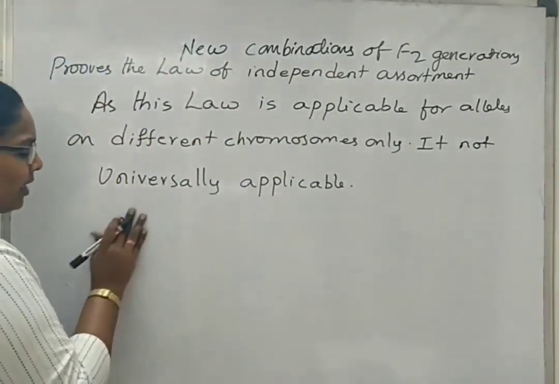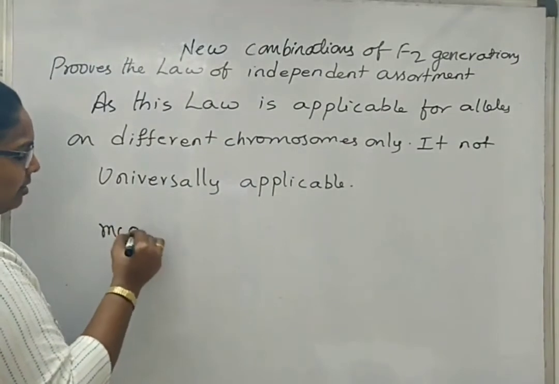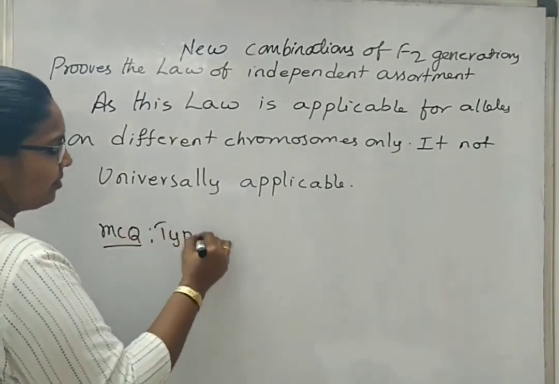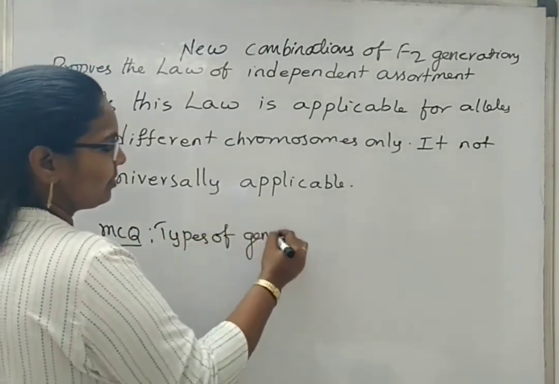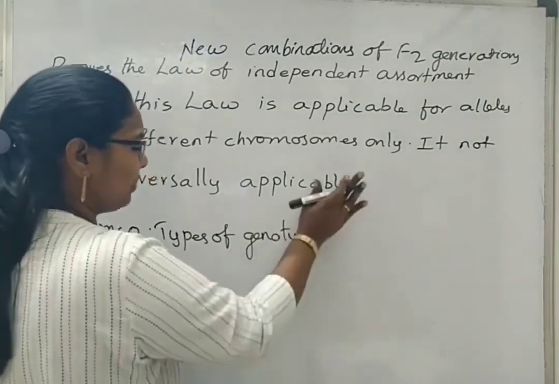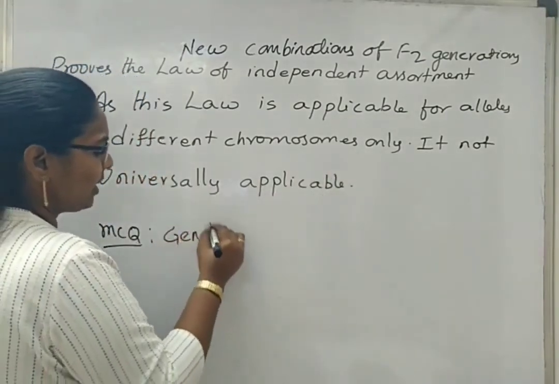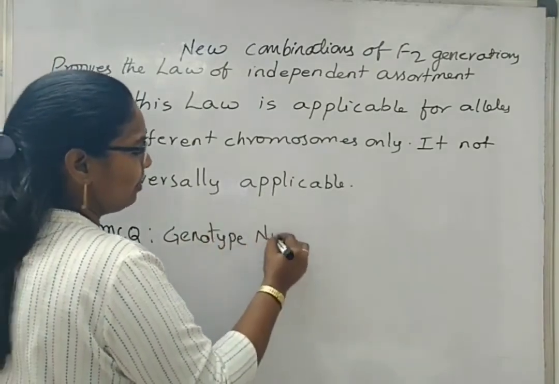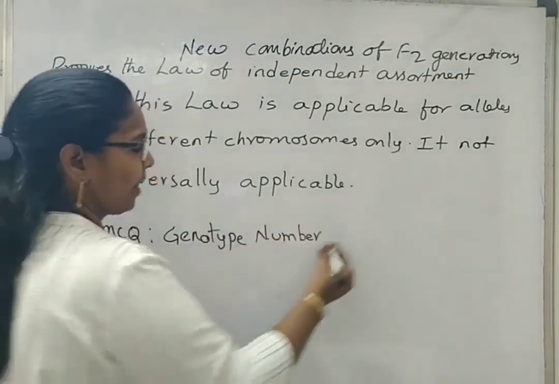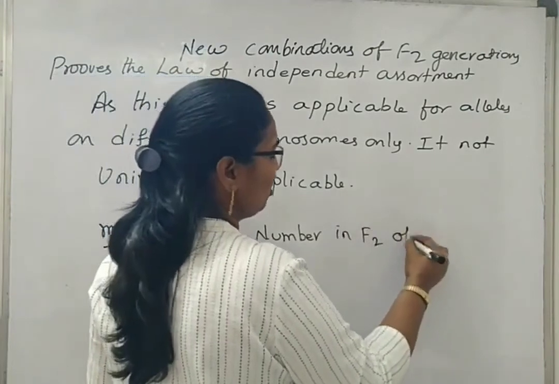Another MCQ we can learn: types of genotypes. Simply, genotype number in F2 of dihybrid.